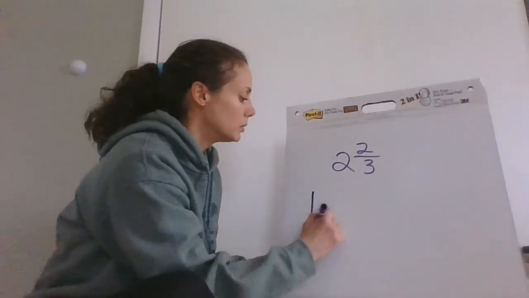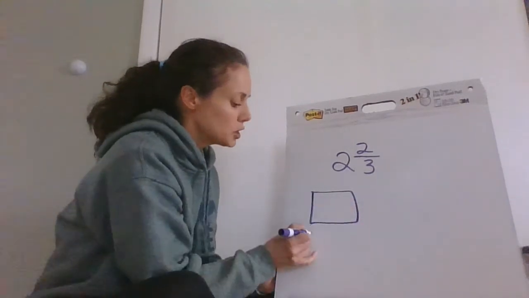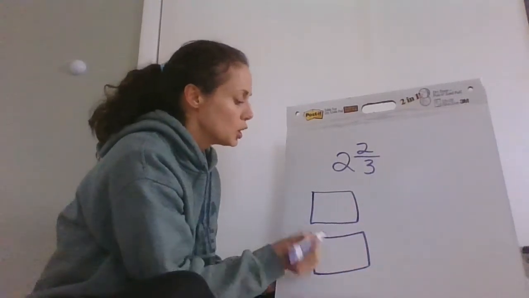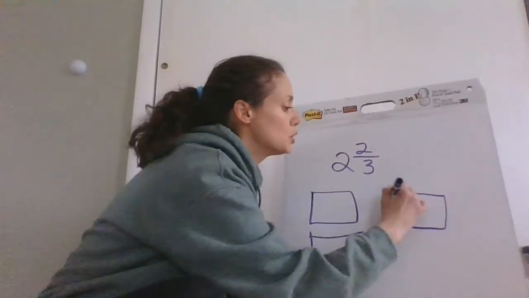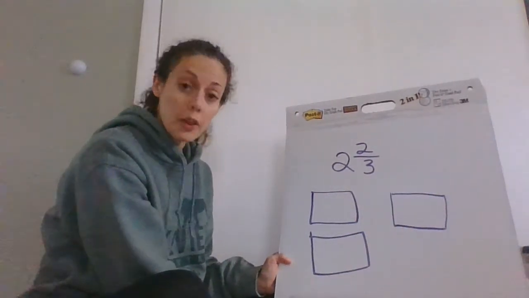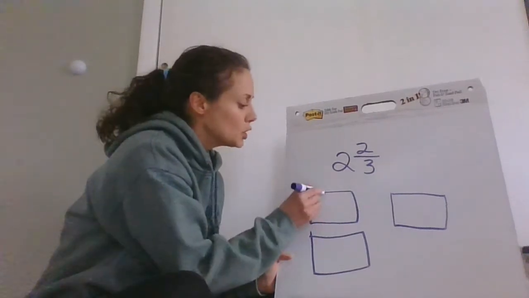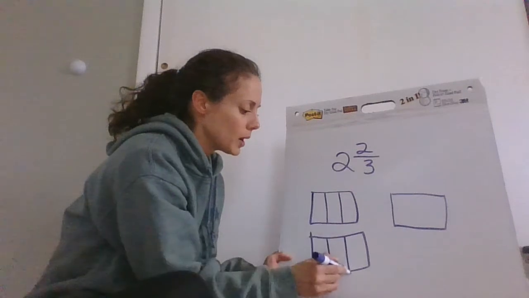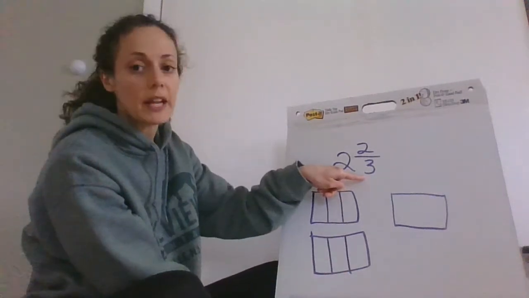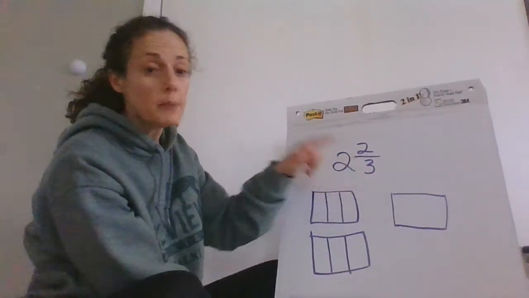What it really is showing in this case is two wholes and 2/3 of another whole. So I'm going to cut each one of these into 3 equal parts, and I'm doing that because the denominator on my fraction over here is 3.